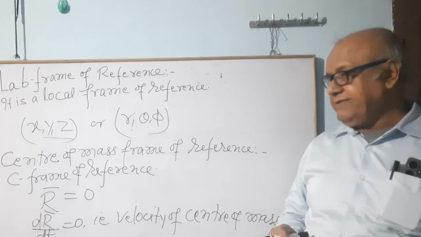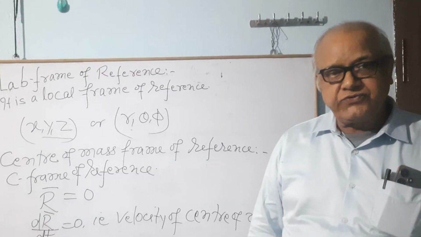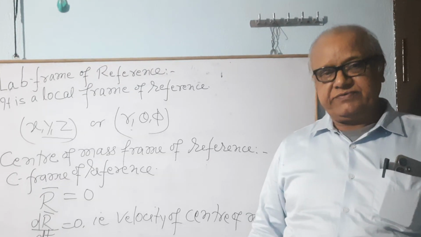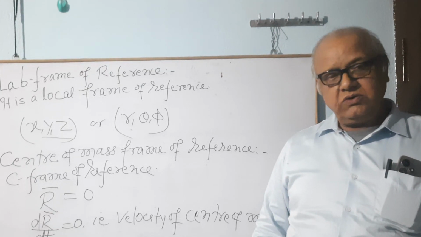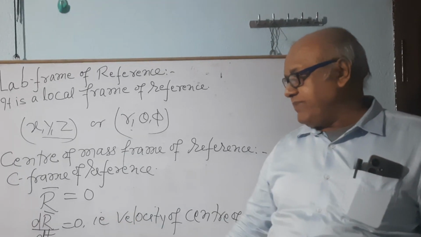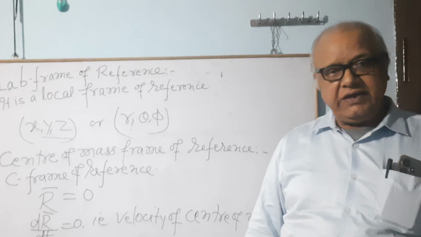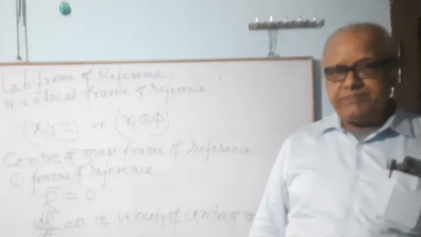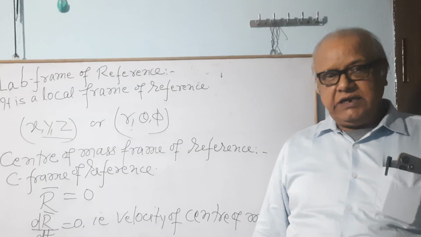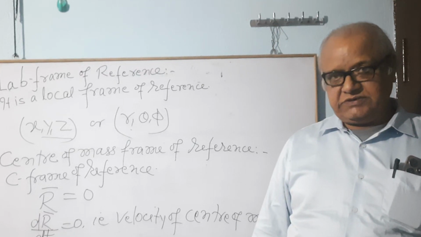Therefore, we can say that the center of mass frame of reference is also an inertial frame of reference. So, both lab frame of reference and center of mass frame of reference are inertial frames of reference. They are useful in explaining the scattering of particles.